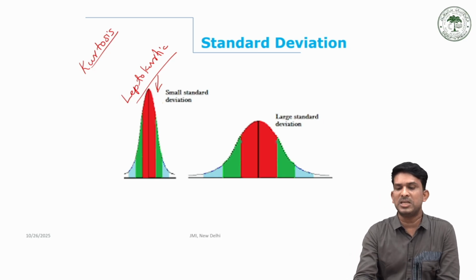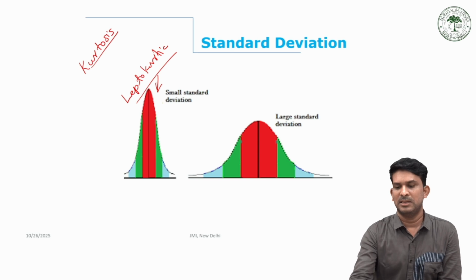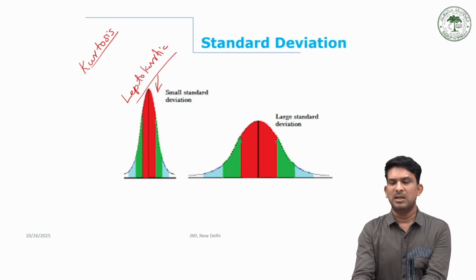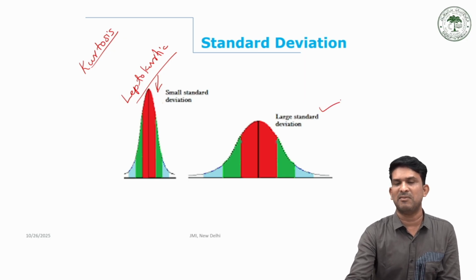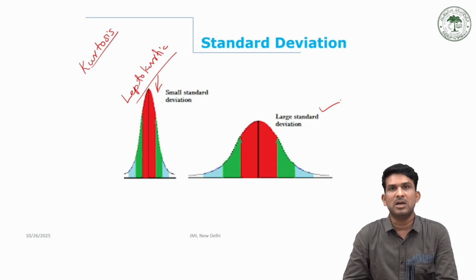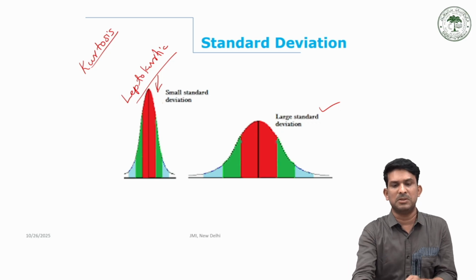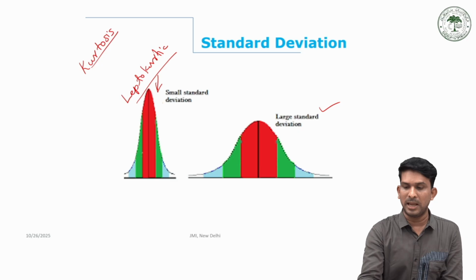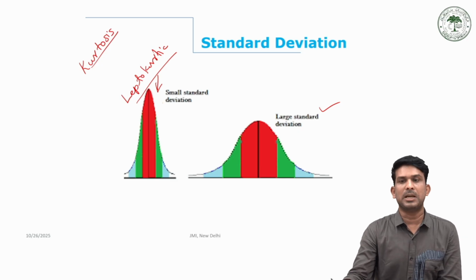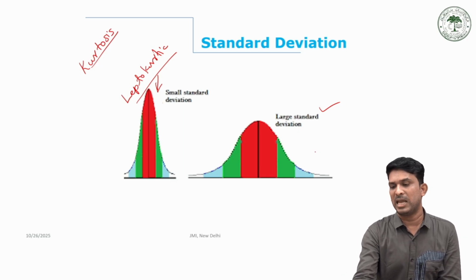Okay. If it is platykurtic, this is less than, sometimes normal curve or less than normal curve. Here there is a wide spread of the score. So standard deviation will be larger. For the normal curve, standard deviation will be bigger than the leptokurtic. Again, it will be bigger than normal curve if the case is a platykurtic curve.